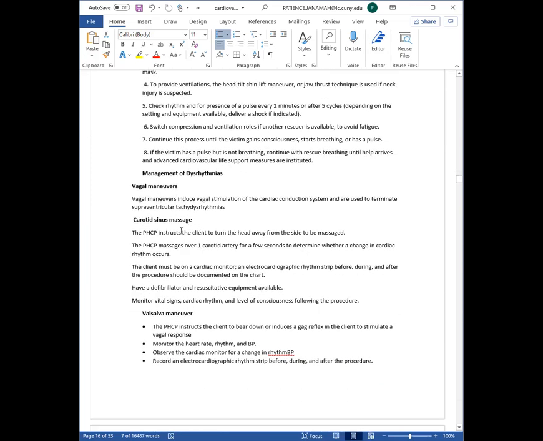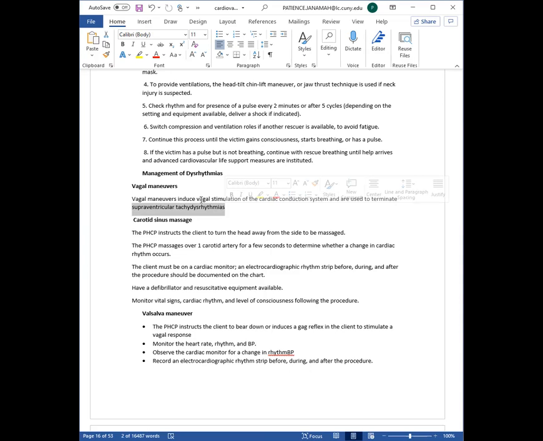We have the vagal maneuver, which is stimulation of the cardiac conduction system and used to terminate supraventricular tachycardia. So this was the one I was telling you about, Simone. This is the one where you tell the patient to blow. So they put pressure on their chest and they blow, and a lot of air fills in.